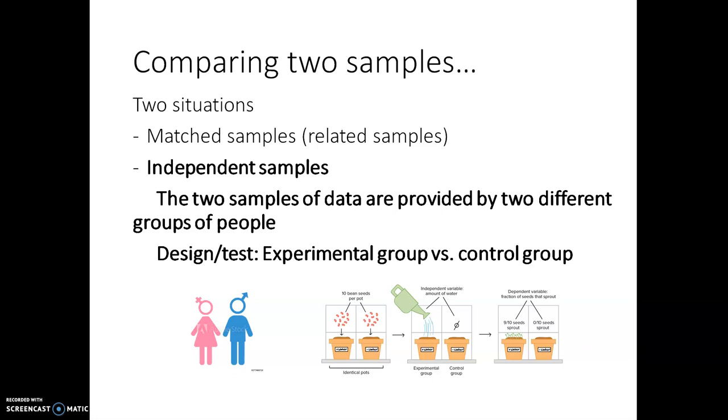So a typical design is we have the pretest and the post-test. Let's say I have a group of people, and I have their weight data. This is the pretest data I have here. And then I put this group of people, all of them, on a diet plan for a month.